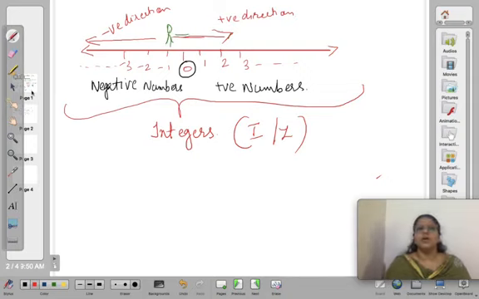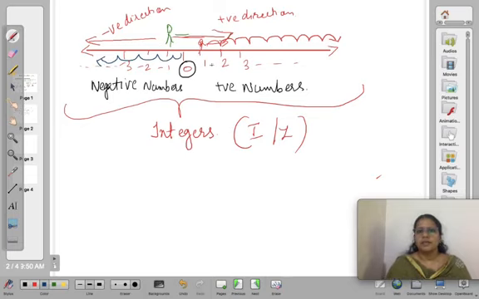That's all. And one more thing, when you are standing here, now your value is 1. When you take the positive direction, your value increases. When you take the negative direction, your value decreases.